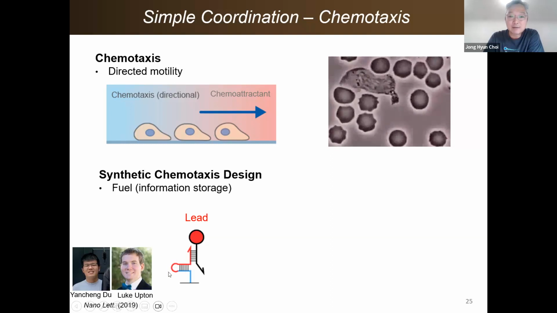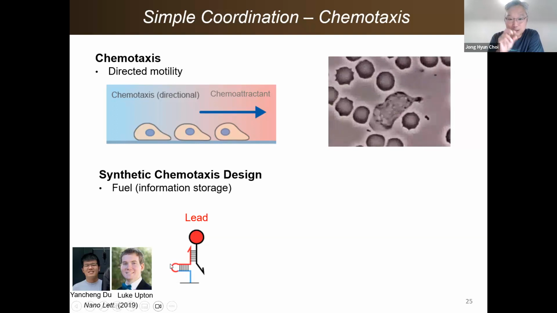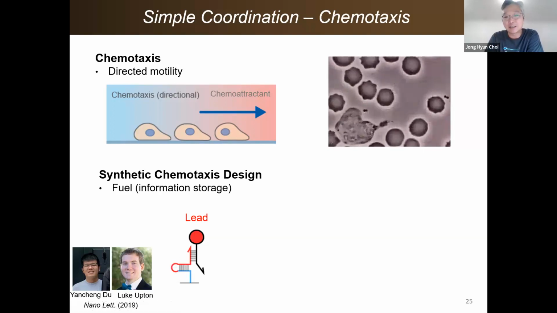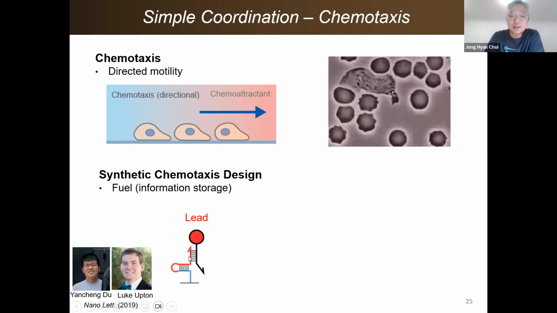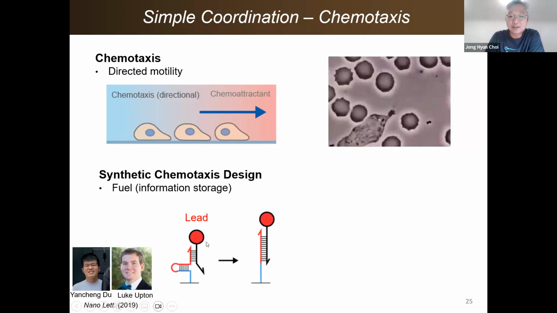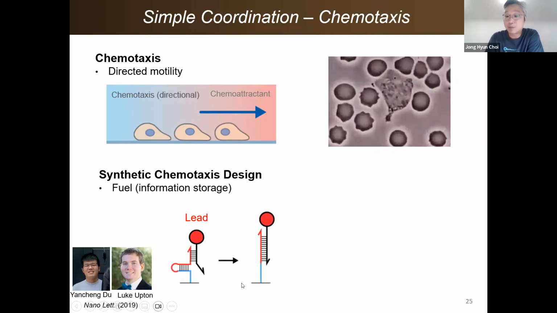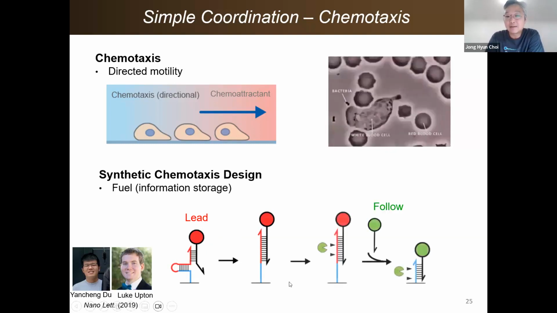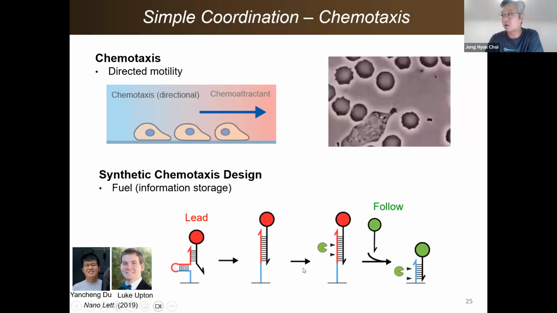It has a hairpin conformation, which is where you store the information of the lead vesicles. Imagine a lead vesicle binds with the fuel on the surface. It will open up the hairpin, and then the enzyme will move the lead vesicle away.